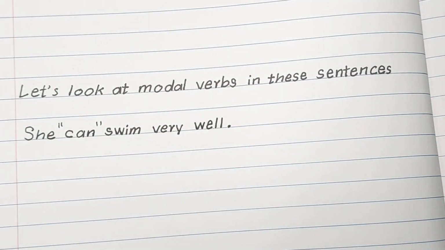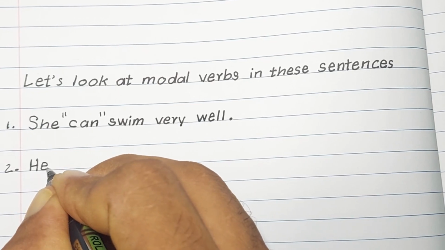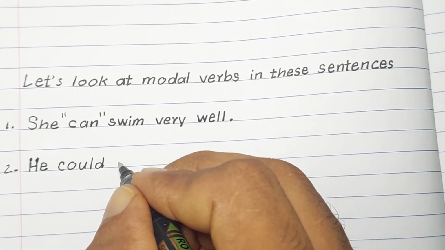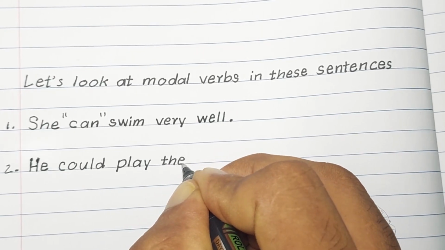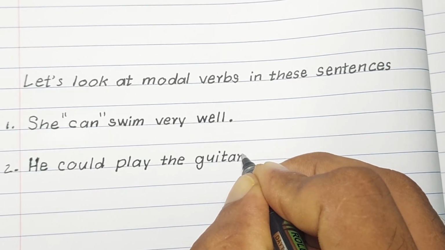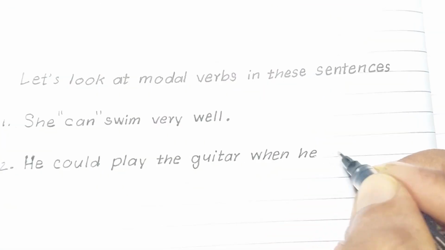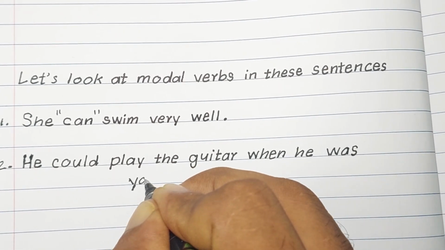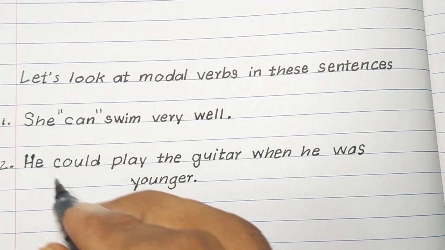Can shows her ability to swim. He could play the guitar when he was younger. Could shows his past ability.